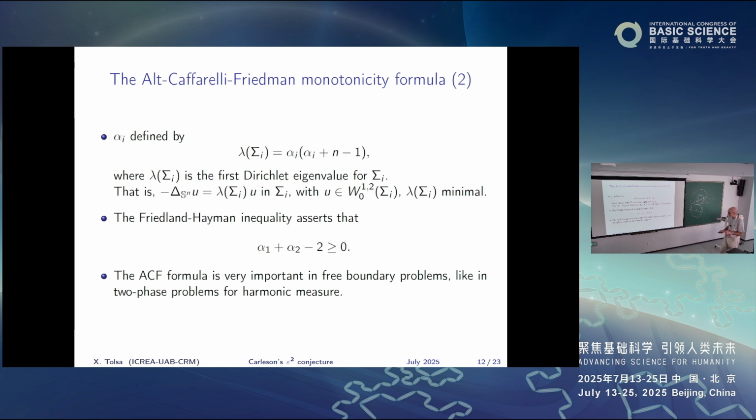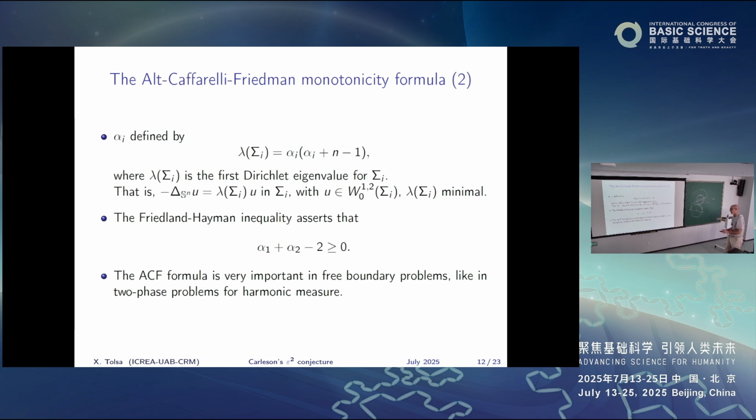All right. So now you start to see that perhaps these quantities could be related to these coefficients epsilon, right? It will turn out that this quantity measures how far sigma 1 and sigma 2 are from being two half spheres.